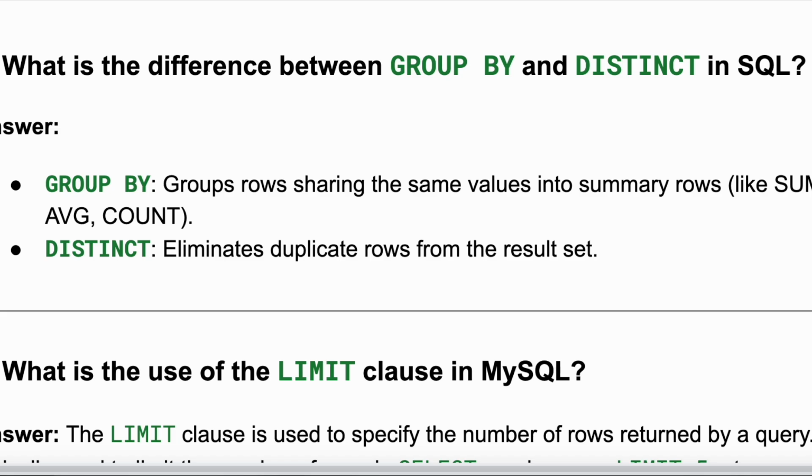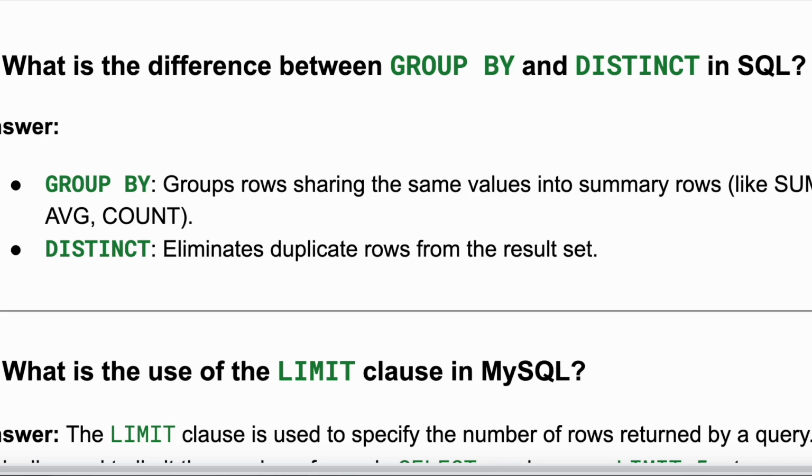Next question is, what is the difference between group by and distinct in SQL? These are another two clauses which are used, and group by is very important. You will be using group by in many places when you write queries, so you should know why group by is being used. Group by groups rows sharing the same values into summary rows.